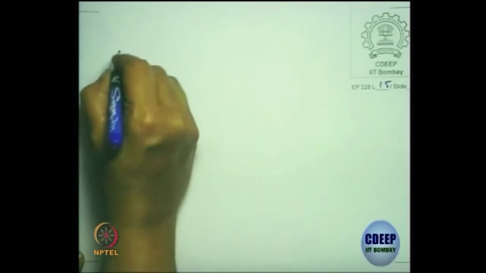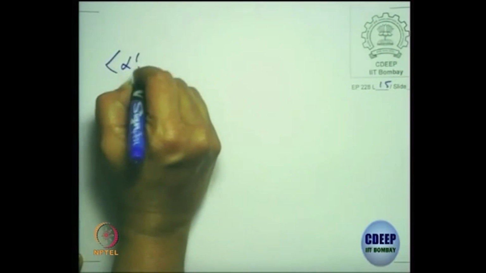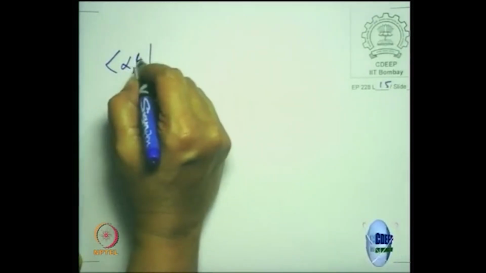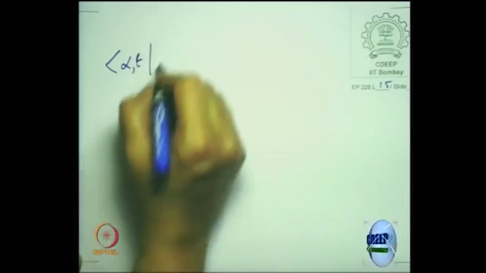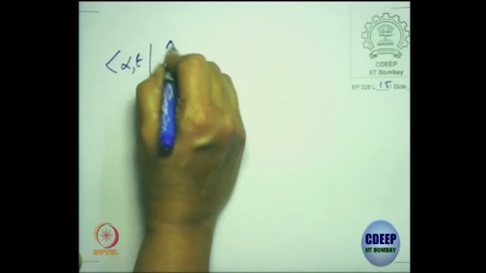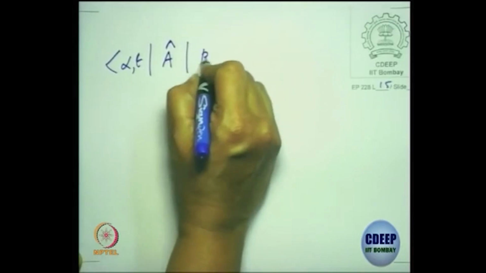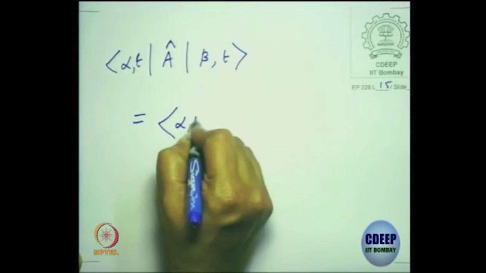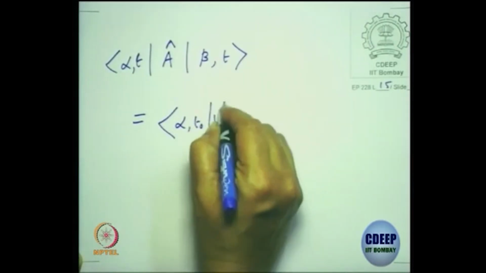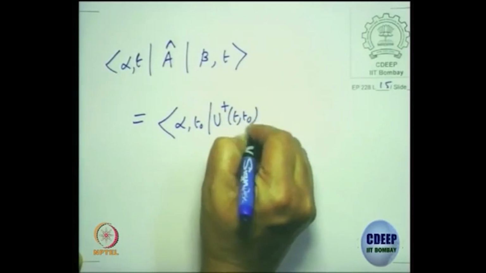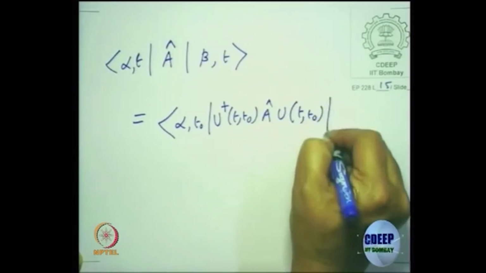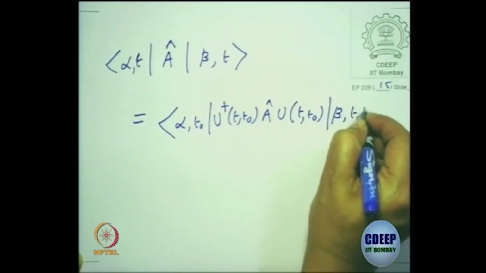So the matrix element alpha of t, you can write alpha comma t or alpha of t, both are equivalent, and then some observable A which has no explicit time dependence, beta of t, you can write this as alpha of t0, U dagger (t, t0), A operator, U(t, t0), beta of t0.